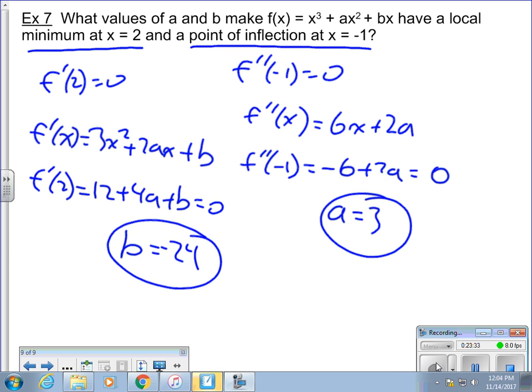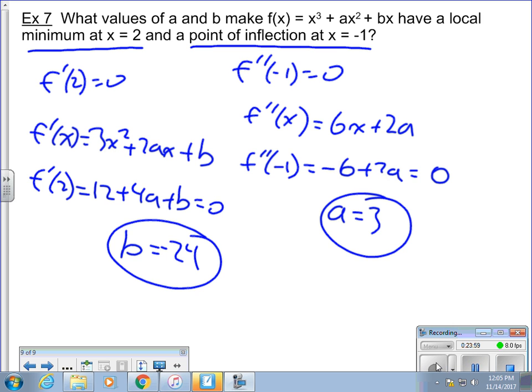The key is understanding where my minimums and critical points are. The first derivative at this point is equal to 0, and the second derivative at this point is equal to 0. How do you know that? Where are your maximums and minimums? The only places they are located are critical points, where the derivative is equal to 0 or undefined.